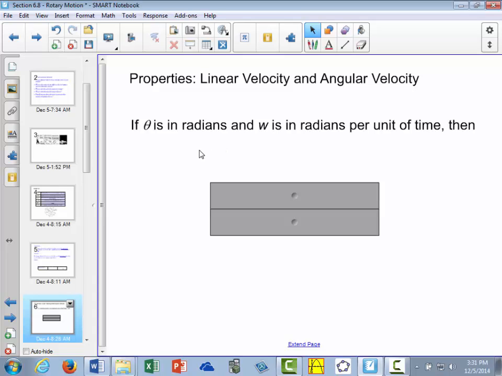If we measure our angle, theta, in radians, and omega is in radians per unit of time, then we can say that our arc length is our radius times the angle measured in radians. We discussed this in an earlier section. Our linear velocity will be our radius times the angular velocity. So linear velocity is radius times angular velocity.